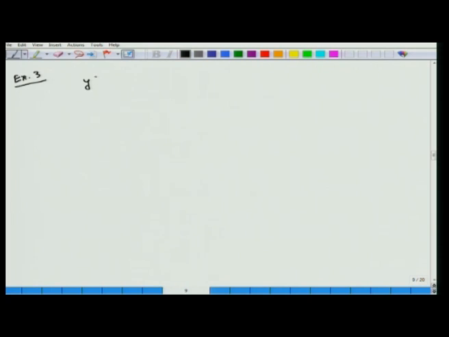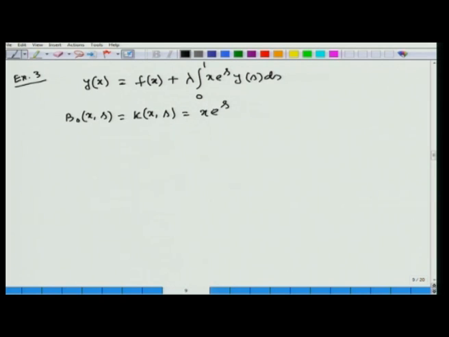The problem is y(x) equal to f(x) plus λ times the integral from 0 to 1 of x e^s y(s) ds. This is the given problem. Clearly, b0(x, s) is equal to the kernel of the given problem K(x, s), so this is equal to x e^s.